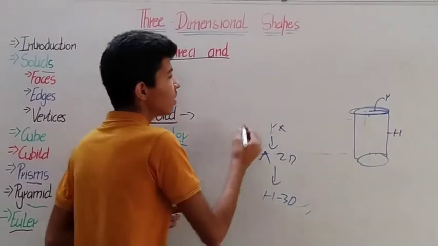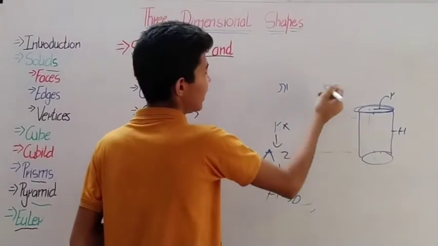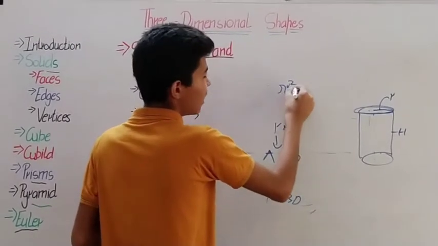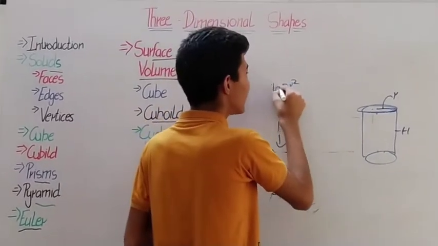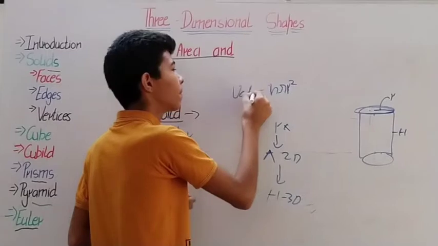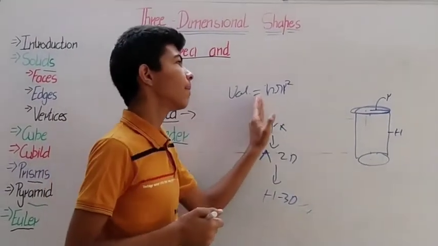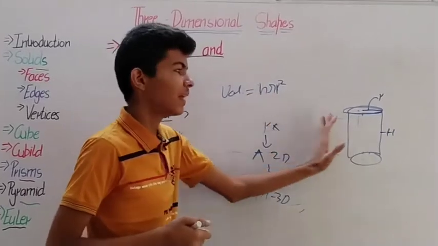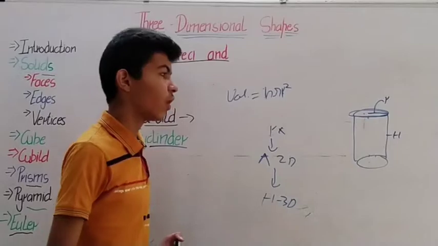The area of this is pi r square, and multiplying it with height, we get the volume. So the volume of this cylinder is pi r square h. So this is all in this chapter.